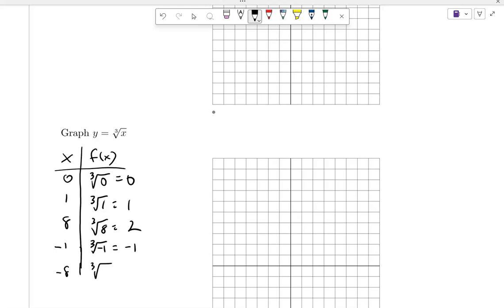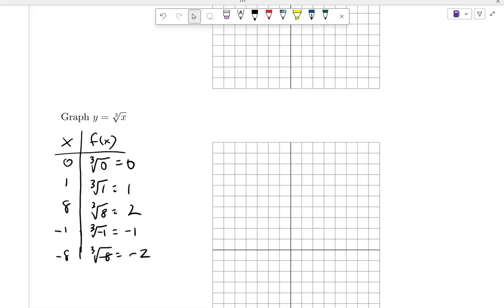If I do -8, what's the cube root of -8? -2, right? Because -2 times -2 times -2 gives you -8. So I can do cube roots of negatives, but I can't do square roots of negatives. Just like I can't do fourth roots of negatives, but I can do fifth roots. Notice there's that even odd thing again, right?